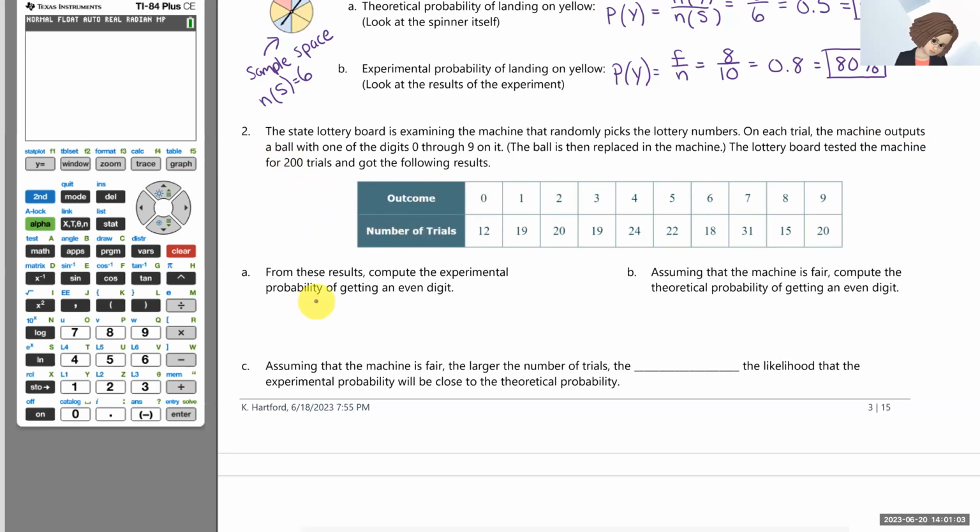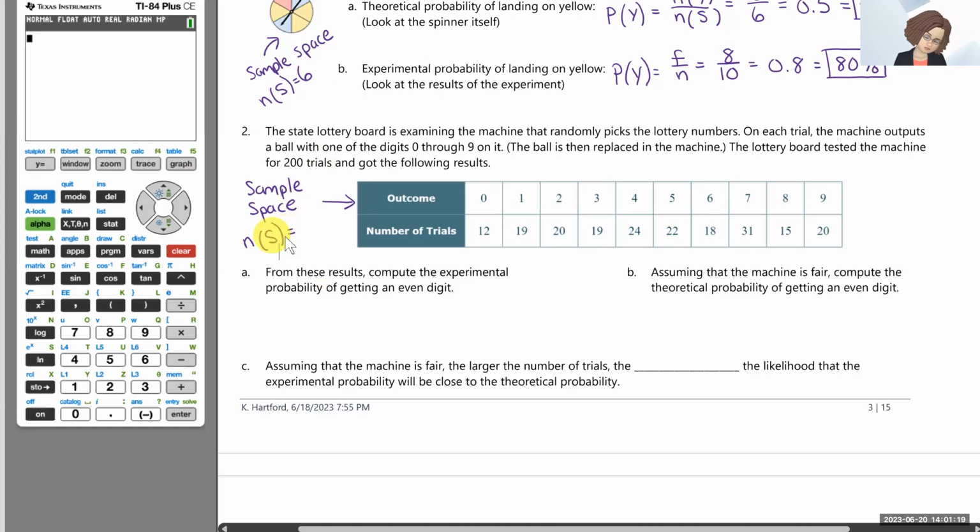Let's first make a note that the possible outcomes are your sample space outcomes. So these are the digits that could be chosen by the machine. The number of items in the sample space: 1, 2, 3, 4, 5, 6, 7, 8, 9, 10. So there are 10 possible digits.